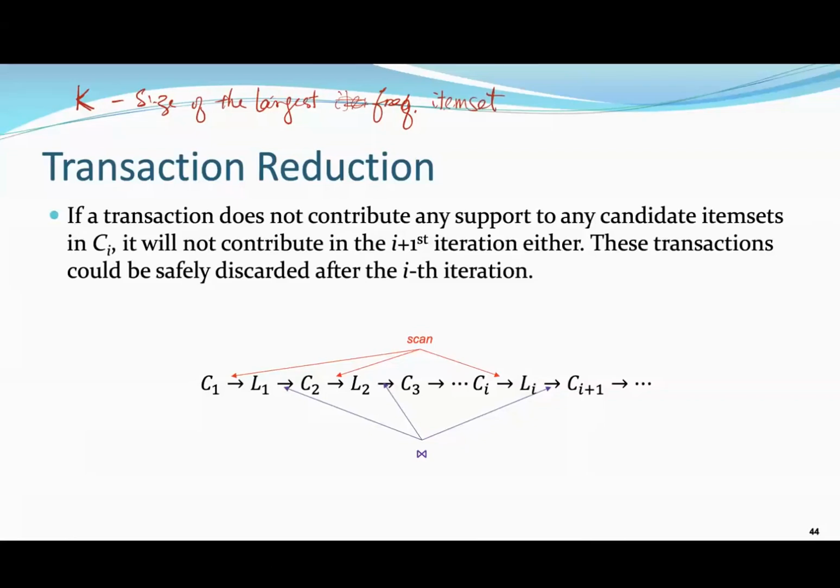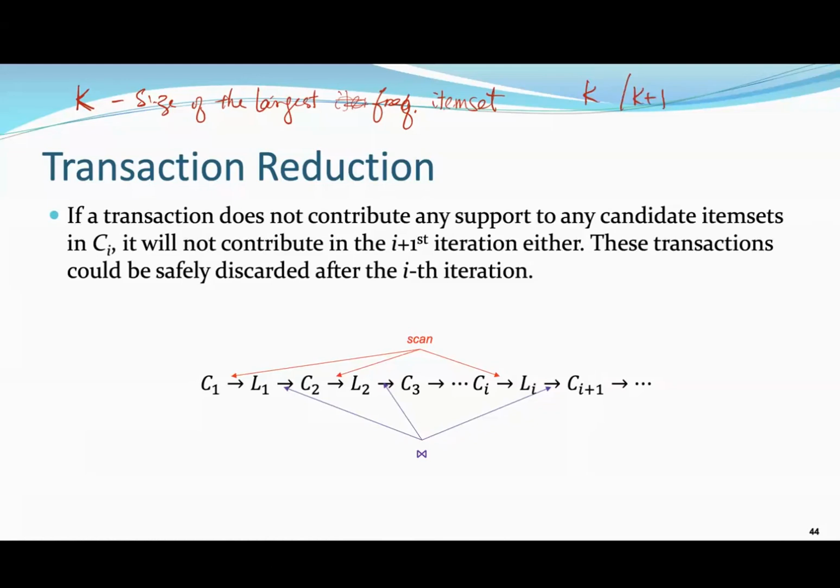How many passes, how many times do we have to scan the database? So if the largest frequent item set contains K items, then how many times do we have to scan the database? Well, the answer is K or K+1 times, right?